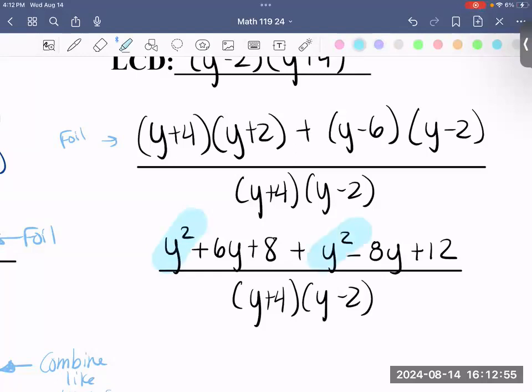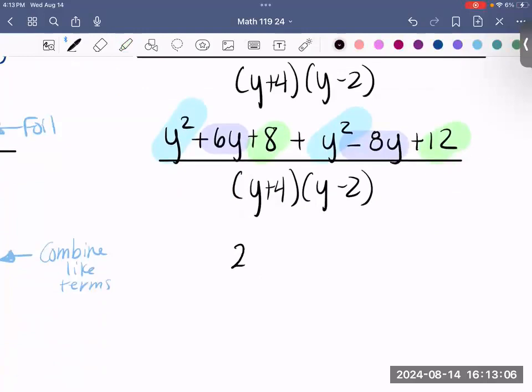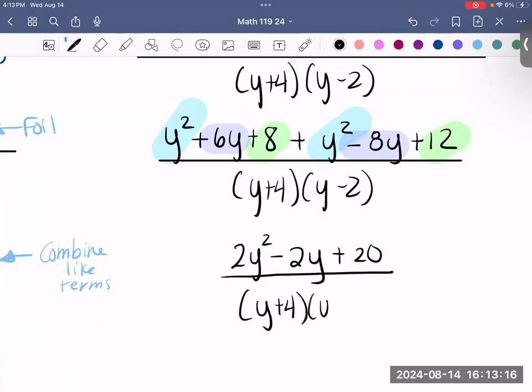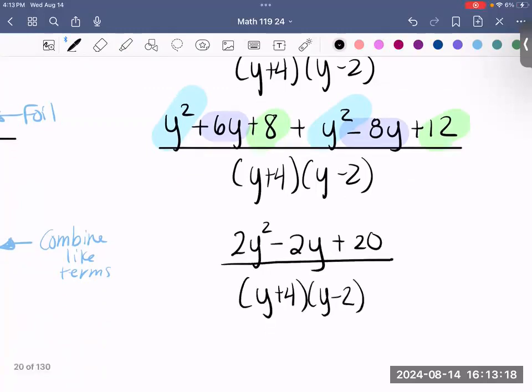So we have y and y squared. Let's see what else we have. We have these two, and we have these two. So you have 2y squared minus 2y plus 20 over y plus 4, y minus 2.